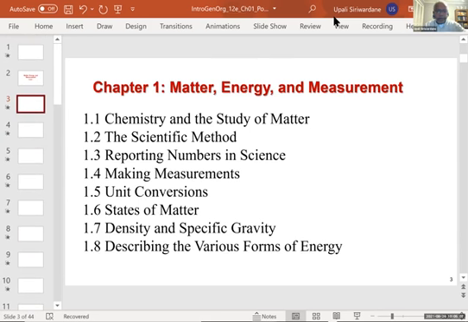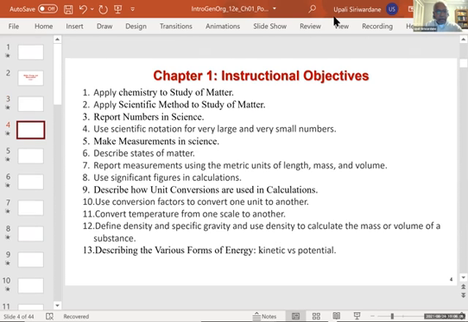We were going over material, I think slide 41 or so. In the last slides we covered classification of matter in this chapter briefly, the scientific method, reporting numbers in science, significant figures, how you make measurements in lab, the states of matter, unit conversions, and converting temperature from one scale to another.